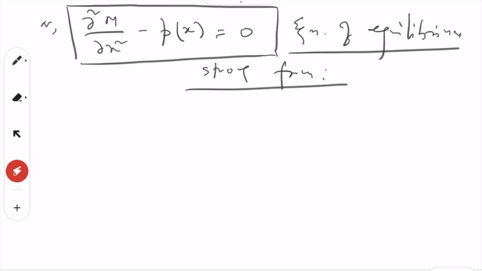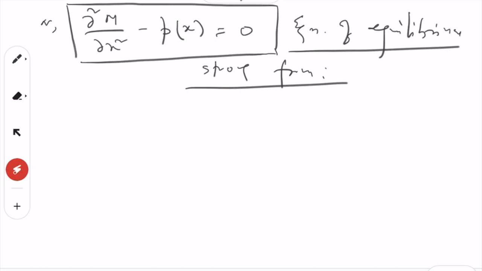Okay, but still we have to find out how m is related to the displacement, because this is just one equation that has the forces in it only, the bending moment and the distributed load, but we want to find out how m has the displacement value in it. So that we have to still find out.